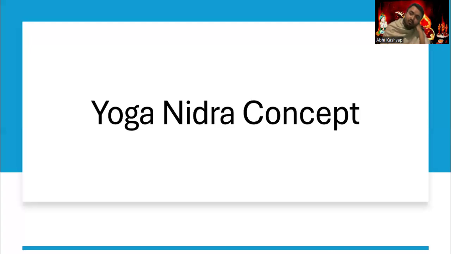So what are the miniature concepts, that is, the sub concepts involved in this? The first one was with respect to relaxing the mind. Next is to instruct the mind, as when we reach that state of subconsciousness, we don't have control over our mind anymore.